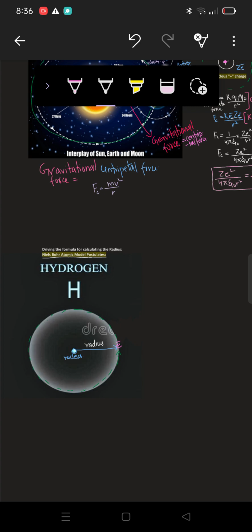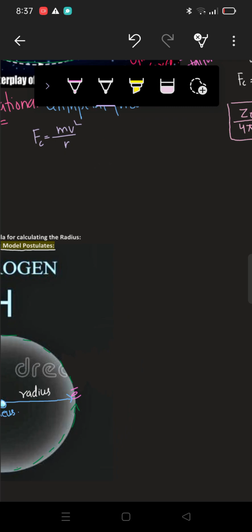Now we have read about the first equation too, which was given by Niels Bohr in his third postulate, where he discussed the quantization condition, right? In which he said that an electron will only revolve in those circular orbits in which the angular momentum is equal to an integral multiple of h by 2 pi. So that was our first equation.